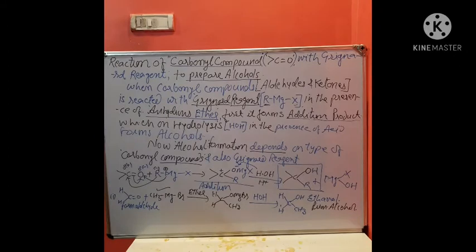But if I change the reaction by taking a different carbonyl compound, besides H, now if I use CH3, so CH3, C double bond O, and again H. What is the name of this compound? This is acetaldehyde.